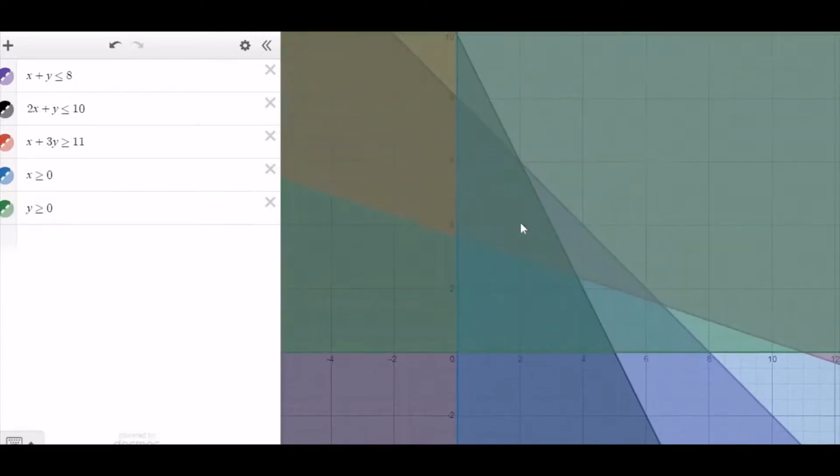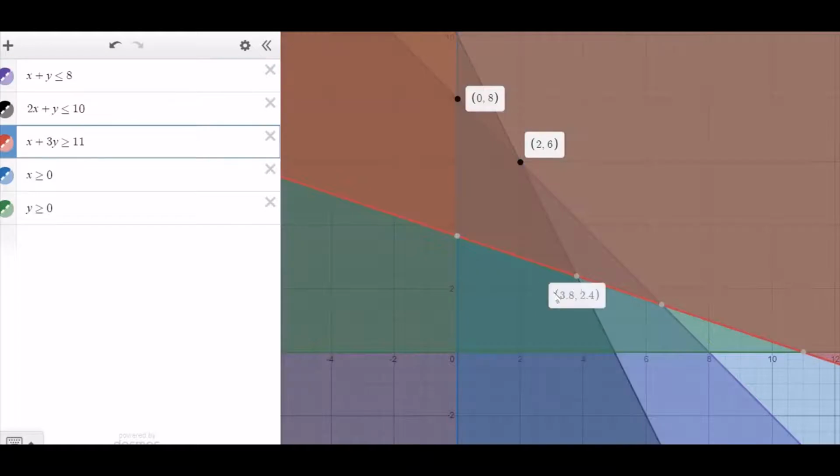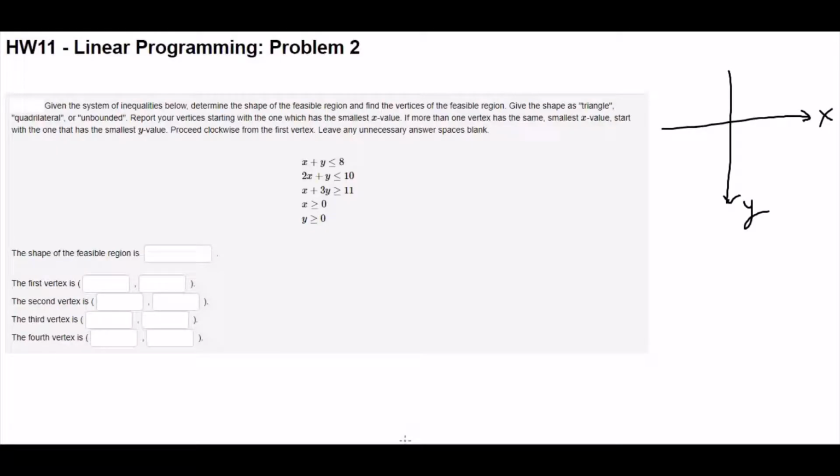Okay, so our region, our intersection is this, bounded by 0, 8, 2, 6, 3.8, 2.4, and 0, 3.667. So this is our region. So we can extract these vertices, and our shape is a quadrilateral.